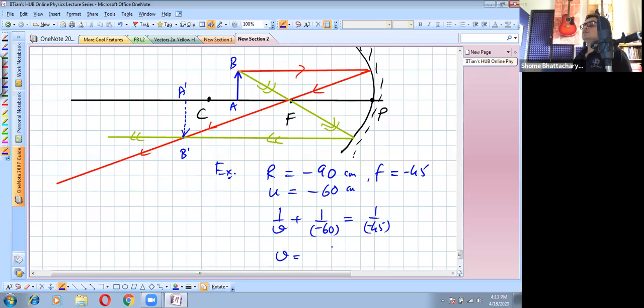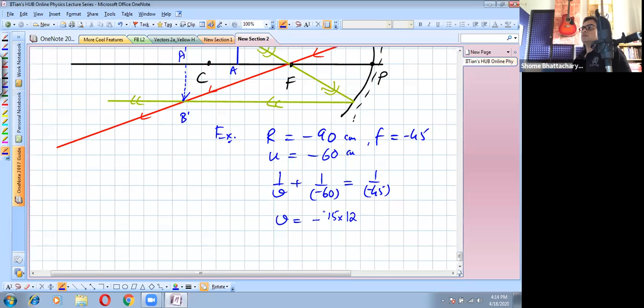V will come out to be, with 60 and 45's LCM, 15 3s are, 15 4s are, correct. I hope that calculation is correct.